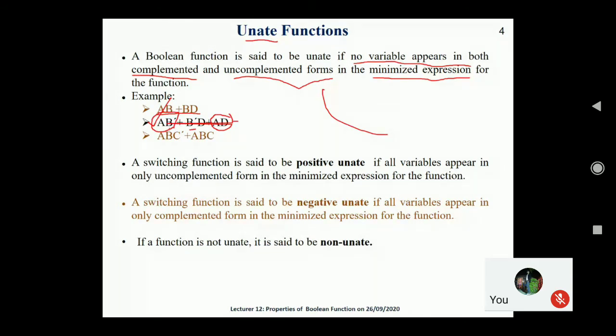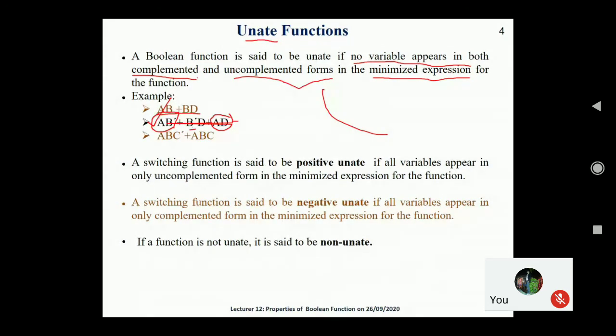And again, in the first term we are using b complement, and in the second term also b complement. It is not that one is b complement and the other is only b, that is, uncomplemented. So in the first term b is in complement form, and in the second term b is also in complement form. In the third term, b is not available, so for b also it is okay.